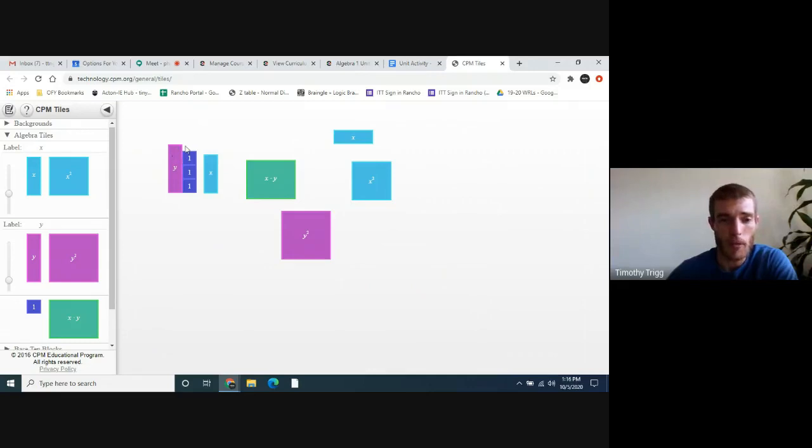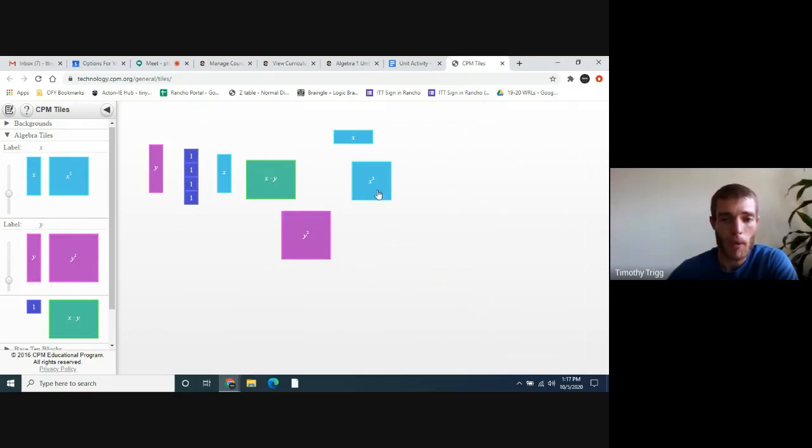The y is bigger than 3, but not as big as 4 unit tiles. So it's somewhere between 3 and 4 for the y, and the x is somewhere between 2 and 3. But we can't figure out the exact area of the y or the x tile just based on these unit tiles. That's what they're trying to get you to see: that the x is not the same length as a certain number of units, and neither is the y.